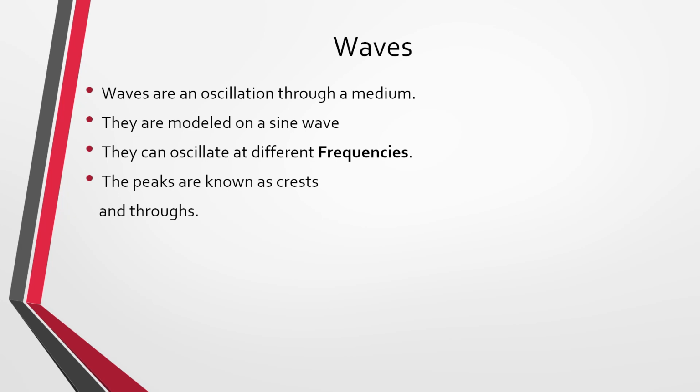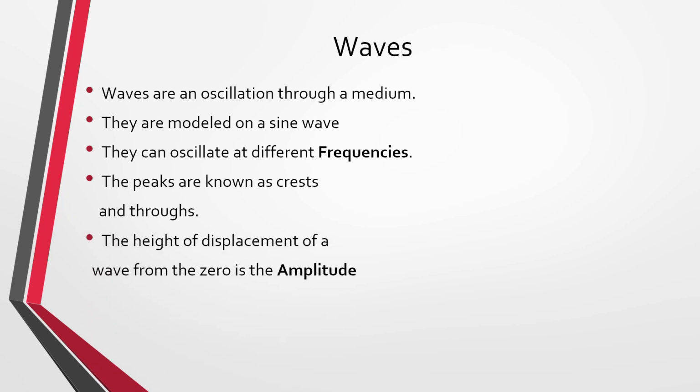The peaks of a wave are known as crests, and the valleys, or the lowest points of a wave, are troughs. The height of displacement of a wave from the zero to the highest point, the peak, is known as the amplitude of a wave.